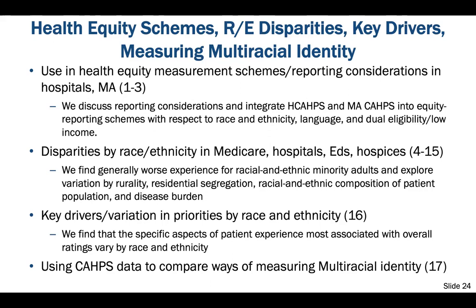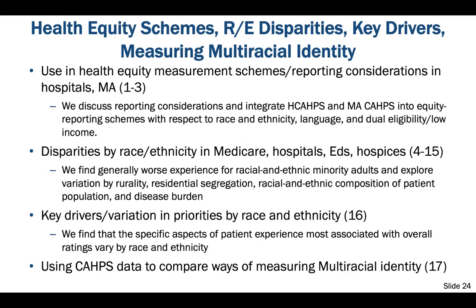There have been a lot of articles that have looked at racial and ethnic differences in various settings, and at variation in those differences by things like the composition of a hospital or plan's patient population, residential segregation in an area, and so forth.